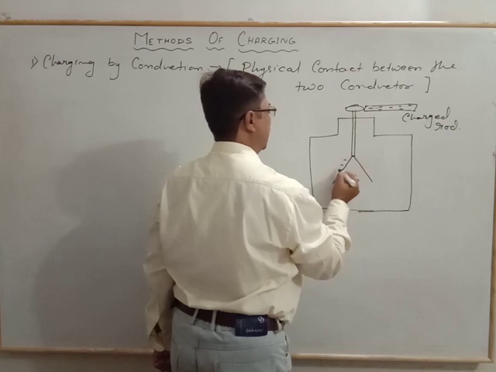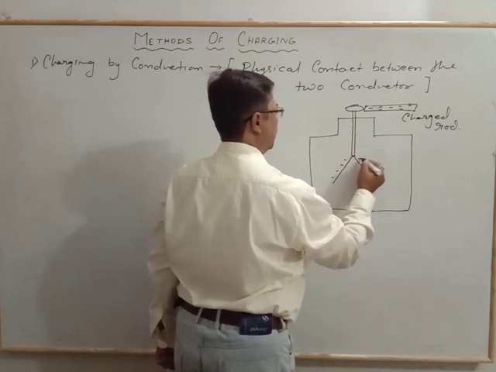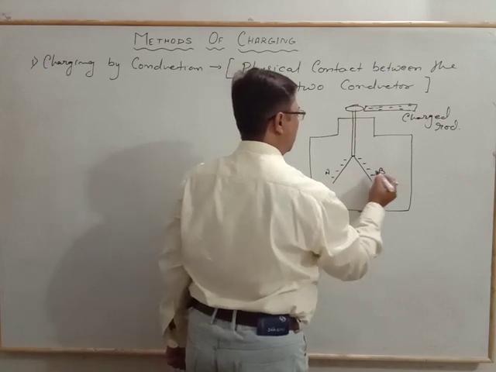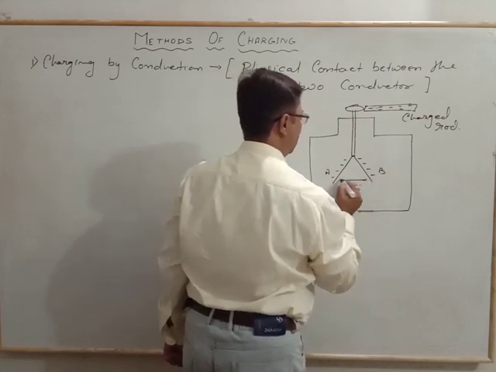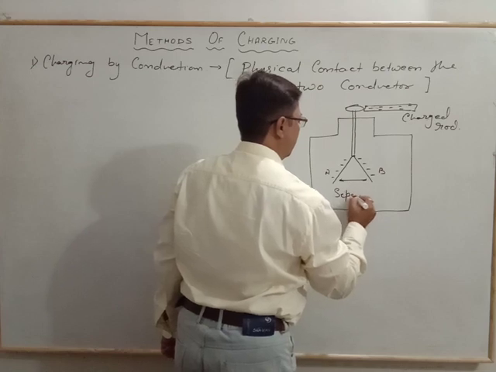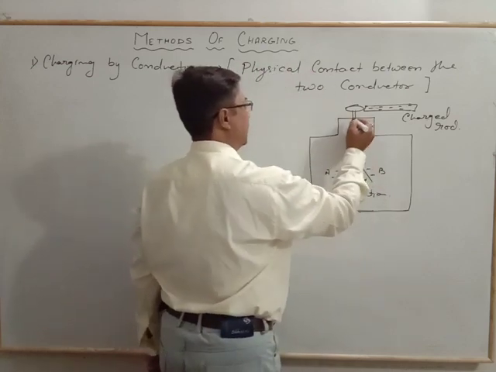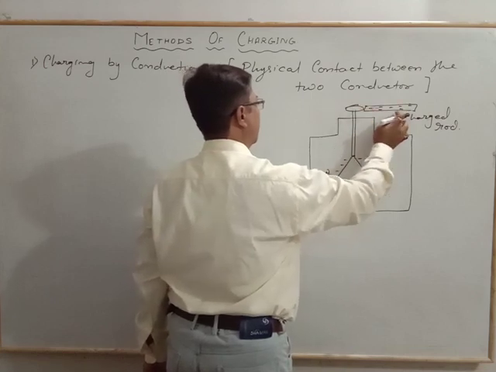The negative charge will move here also. Plate A and plate B get separated, and that separation means there is a flow of charge from the charged conductor.